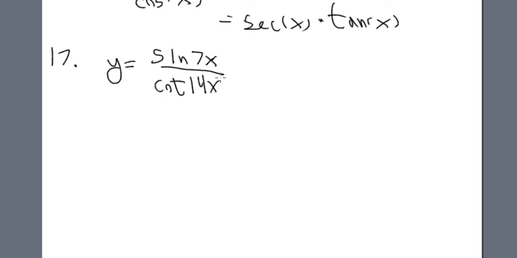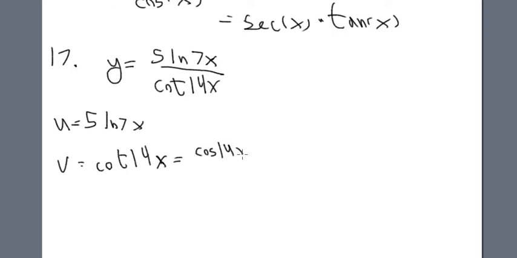Now, this technically is a quotient rule as it is. So I'm going to go ahead and split that. U equals the top, 5 natural log 7x. V equals the bottom, cotangent 14x. Now I'm going to rewrite it as a quotient itself. So cotangent 14x is cosine 14x over sine 14x. I'm doing that because I want you to see what happens to the 14.